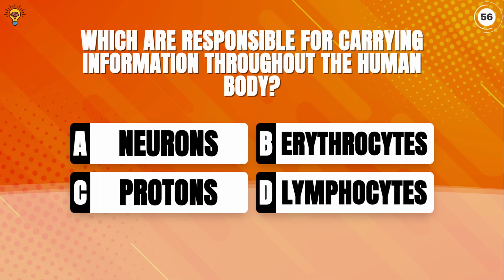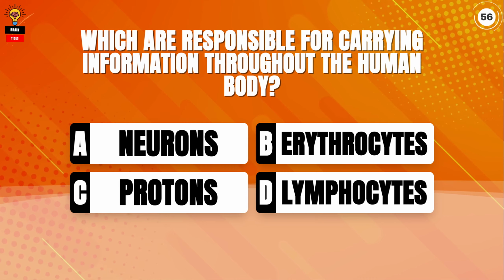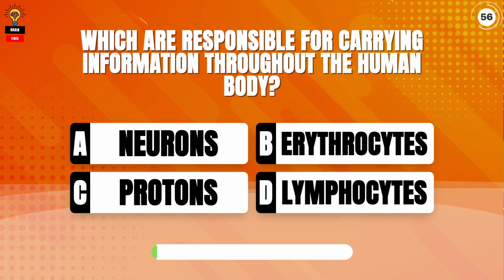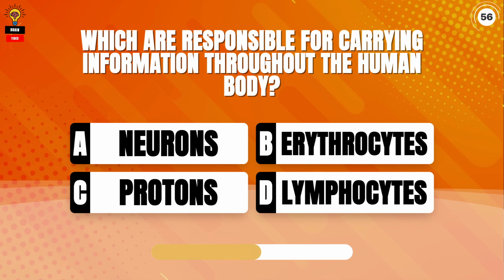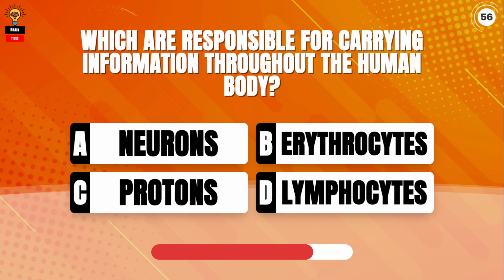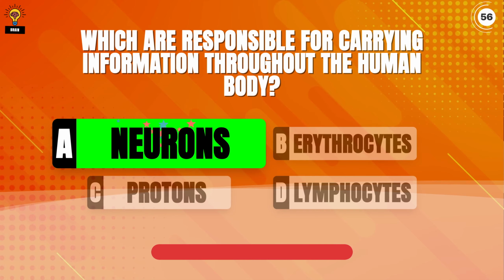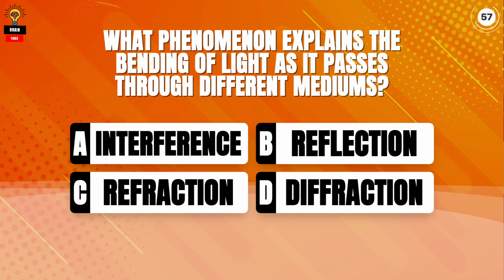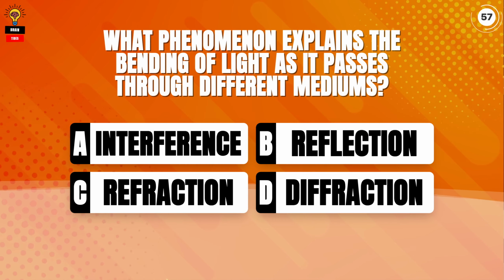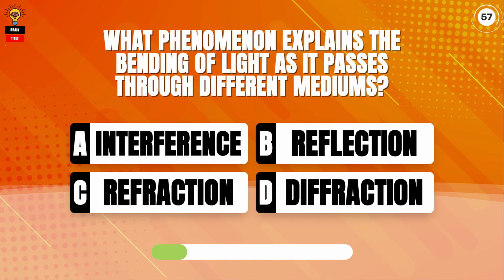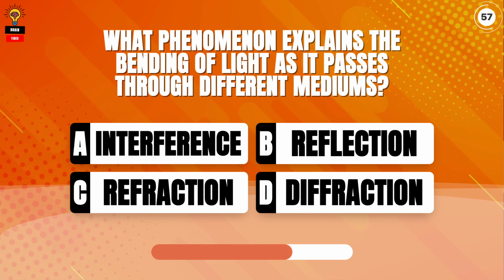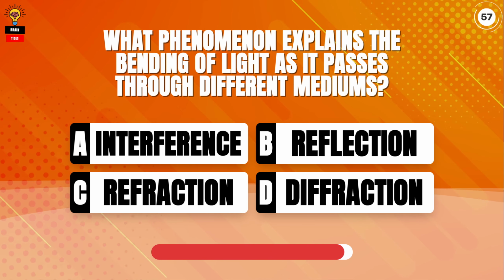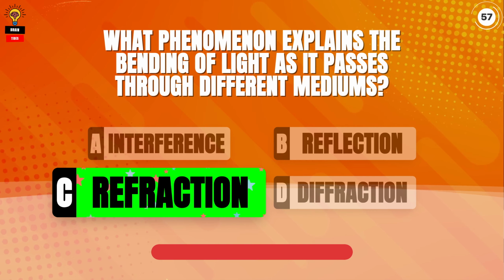Which are responsible for carrying information throughout the human body? Neurons. What phenomenon explains the bending of light as it passes through different mediums? Refraction.